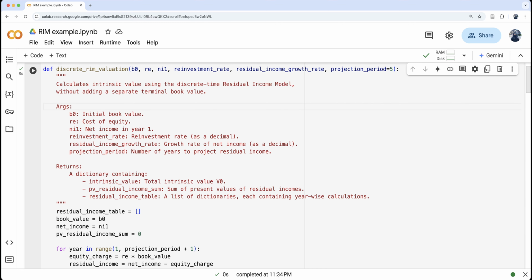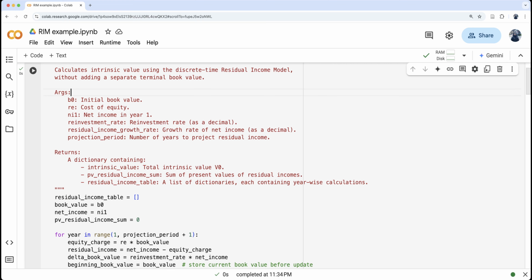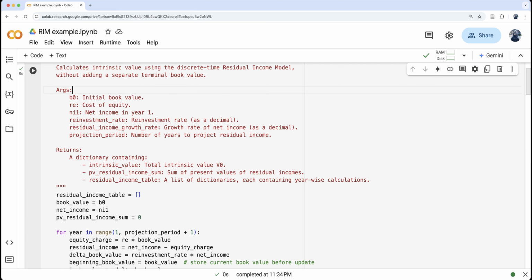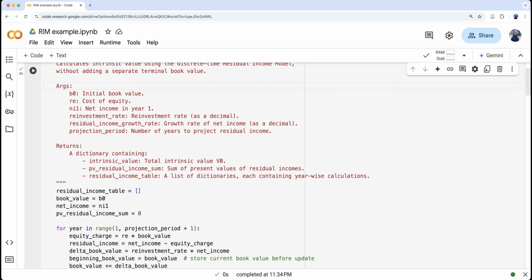And the projection period is the number of years to project residual income. It returns a dictionary containing intrinsic value, PV of residual income part, and the residual income table, a list of dictionaries, each containing the year-wise calculation.